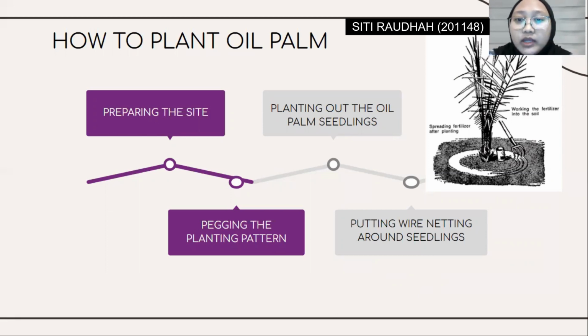And next, we plant the oil palm seedlings. We dig a hole and place the palm seedling, and lastly we put wire netting around the seedling to cover it. We can see in the picture they are spreading the fertilizer after planting.